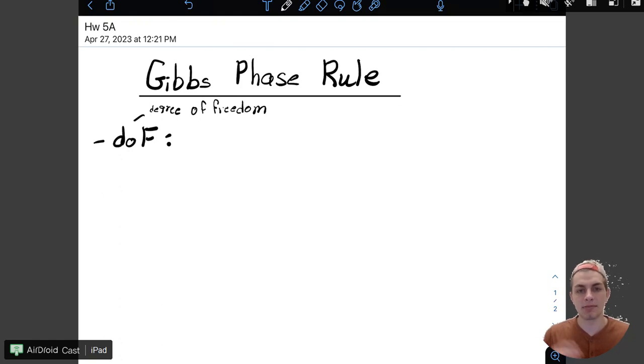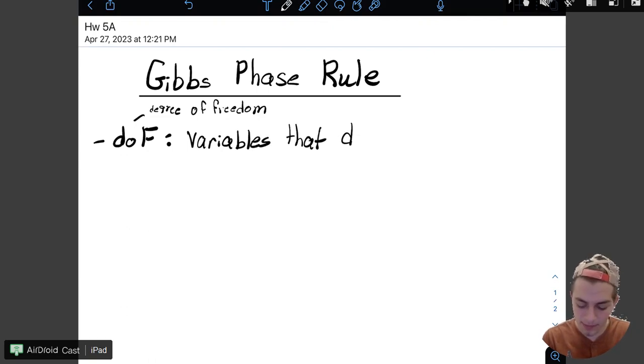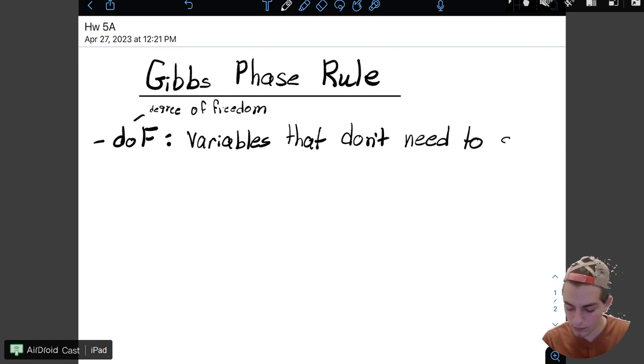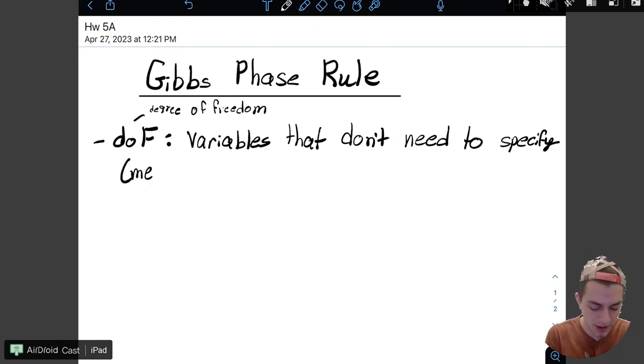In that, we can set up material balances for that system, and then from there, we can derive how many variables we need to actually go out and measure or specify. So the degrees of freedom are the variables that we don't need to specify, which really just means to measure, right? Awesome.